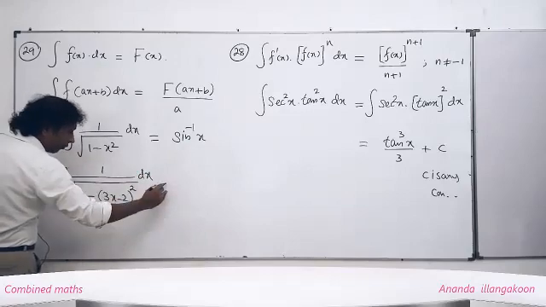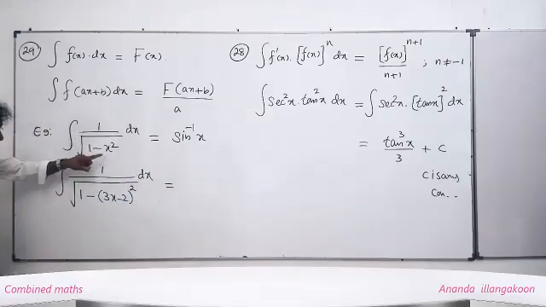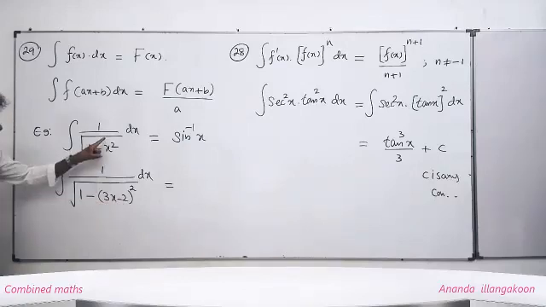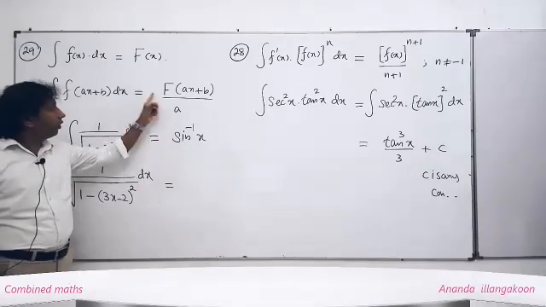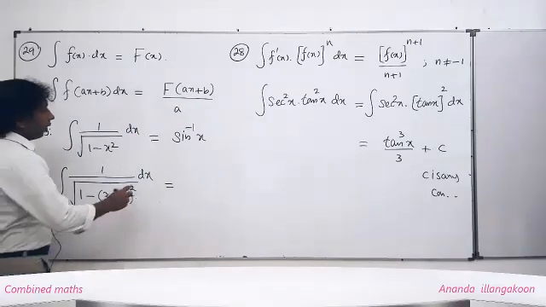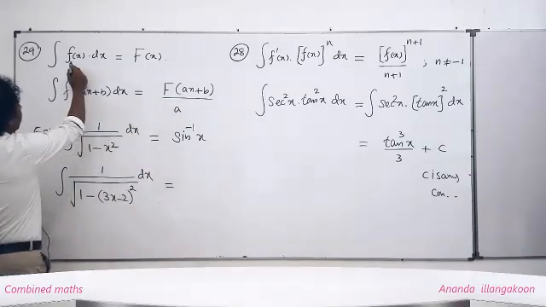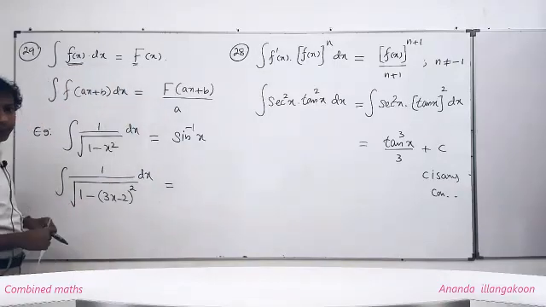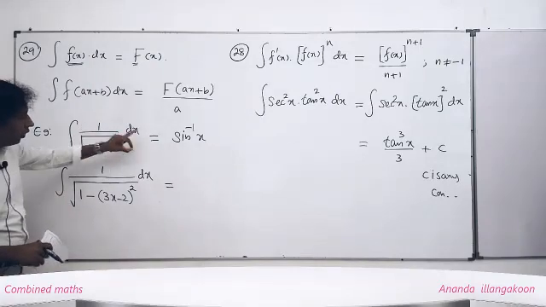Here we have 1. What has happened here? That x has been replaced by the linear function 3x minus 2. Then according to this result, we can write what? When you integrate f(x) function, we get capital F(x). Like that, when you integrate this, we get sin inverse x.